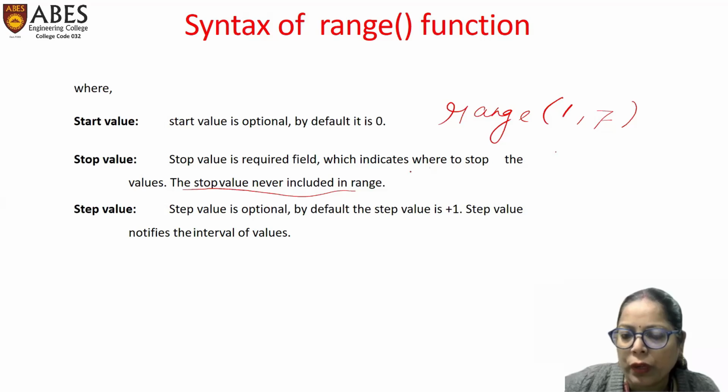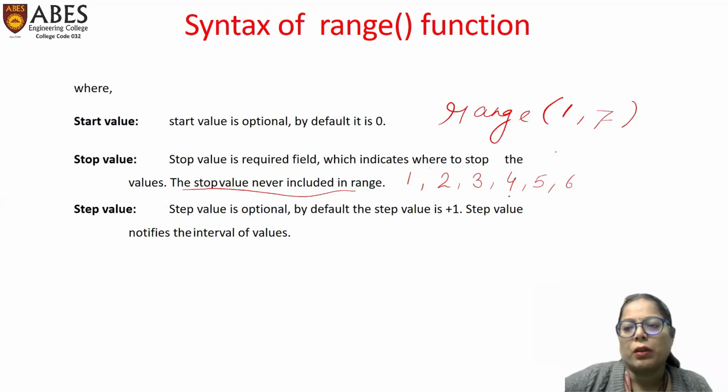What values will be printed? 1, 2, 3, 4, 5 and 6. 7 will not be included, so it is written here that a stop value is never included. It is excluded. So it will print from 1 to 6.